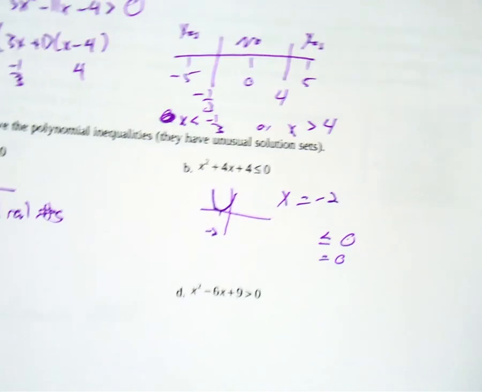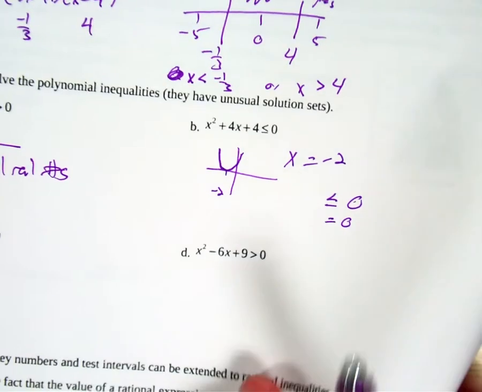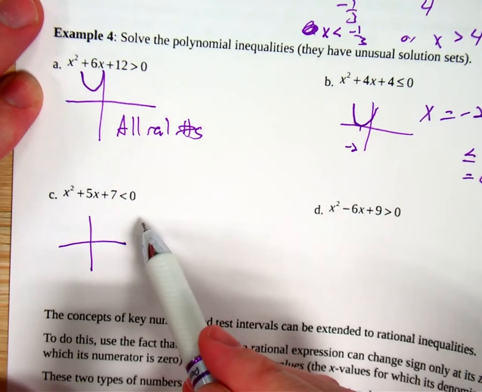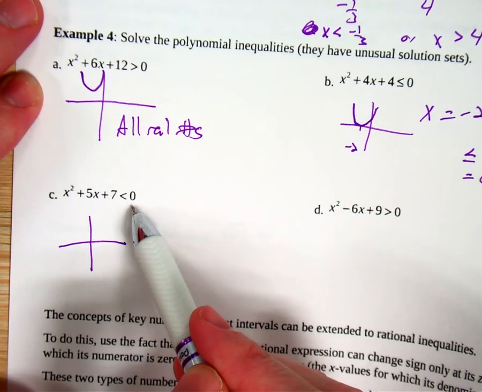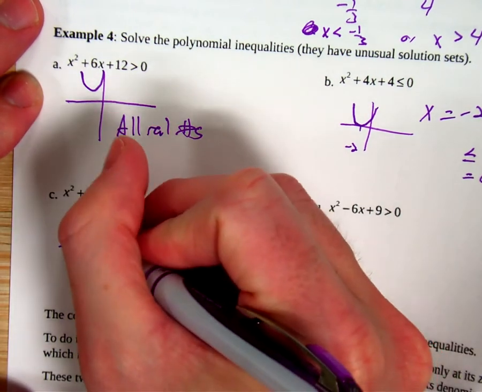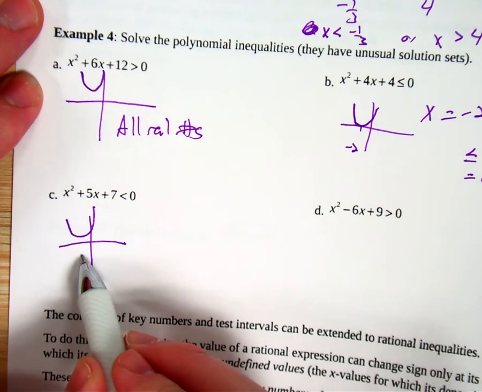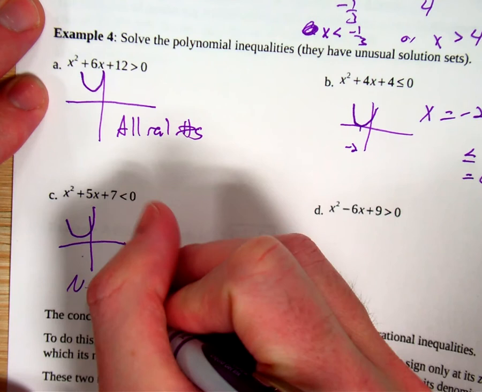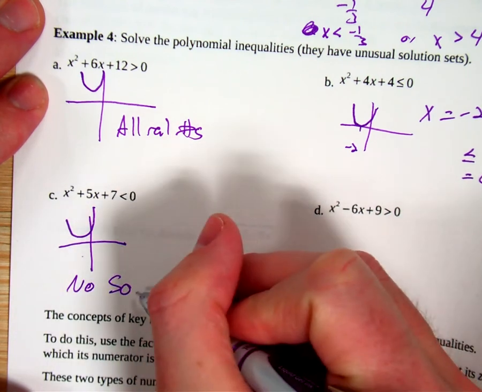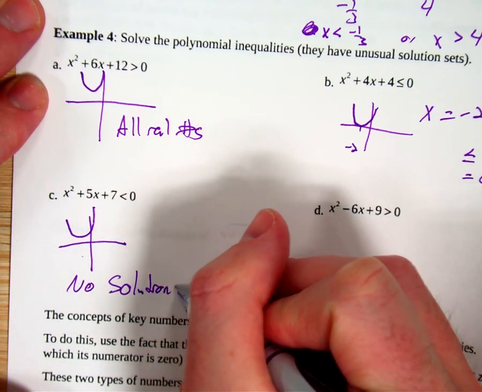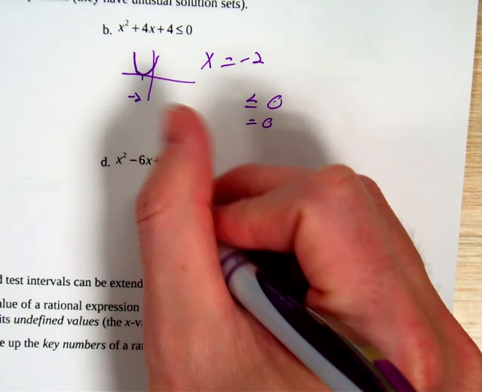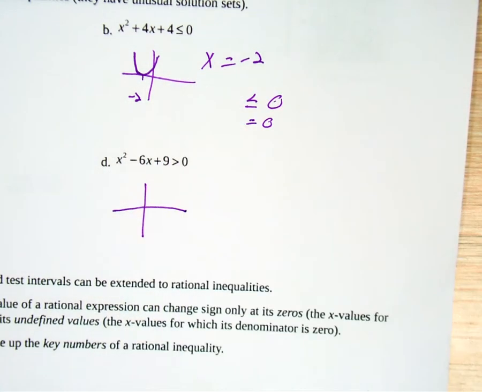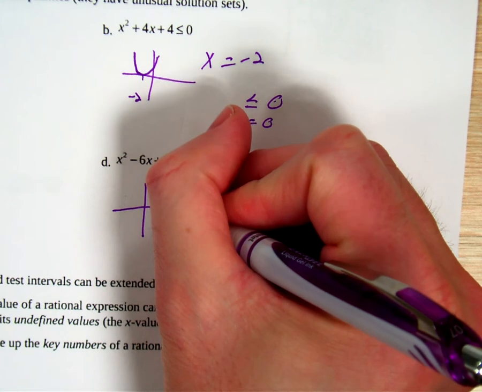Okay, similar to A, and you can graph this if you want. Where is this less than 0? This is pretty similar. It's up here again. Never goes below. So it's never less than 0. No solutions. All right, and this one's going to be similar to B. All right, this one should hit at 3.